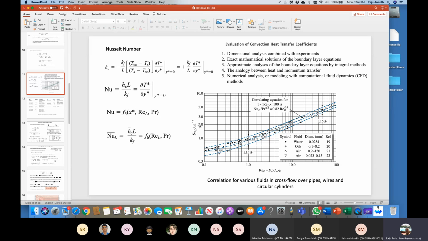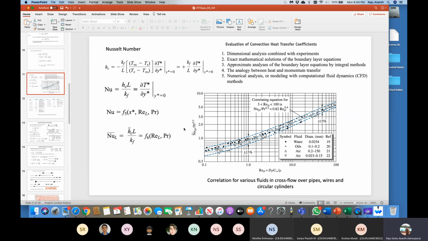If you look at the equation, the correlation becomes much closer if I divide this Nusselt number by the Prandtl number to the 0.3, then the equation is valid for a broad range of Prandtl number. If you look at the governing equation for the energy and non-dimensionalize, you get a Prandtl number. So Prandtl number varies a lot.